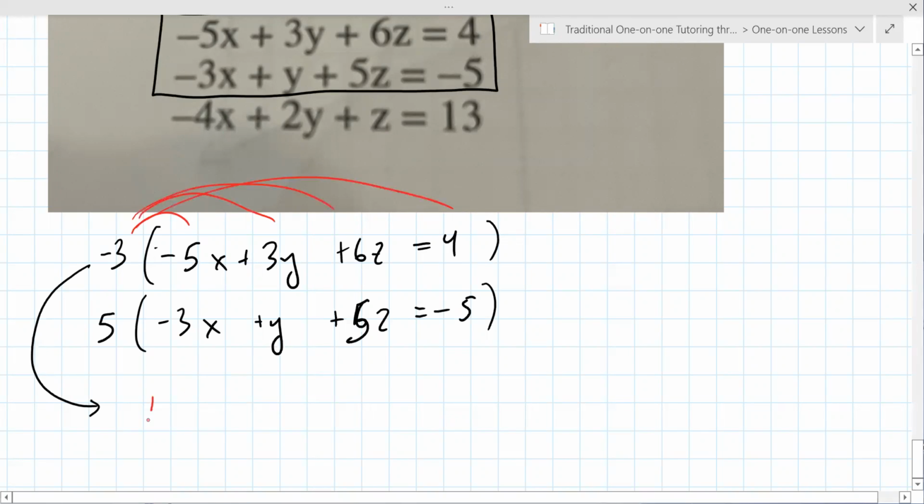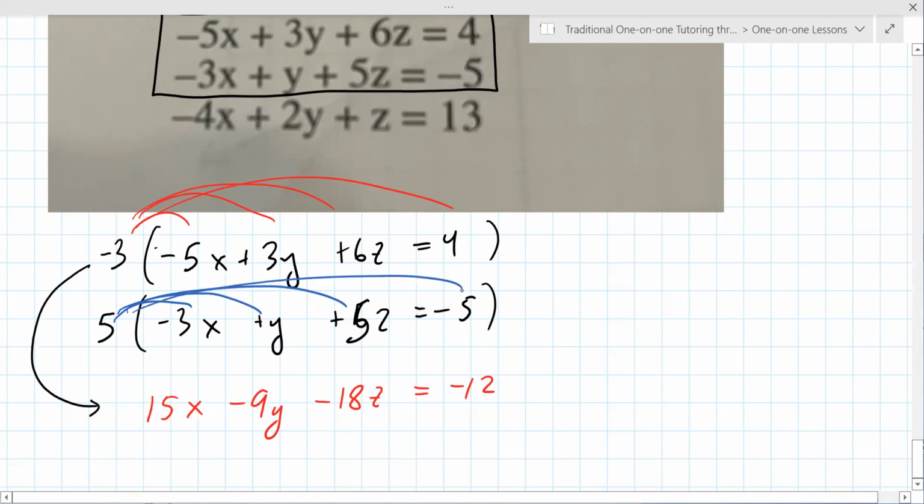So that ends up being 15x minus 9y minus 18z equals minus 12. Similarly, you're going to multiply the 5 by everything. So you get minus 15x plus 5y plus 25z equals minus 25.